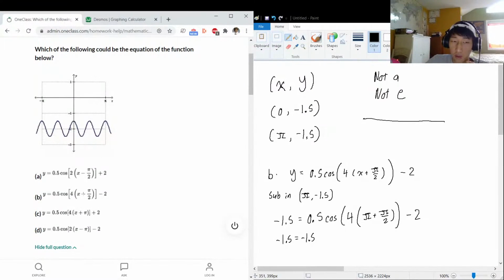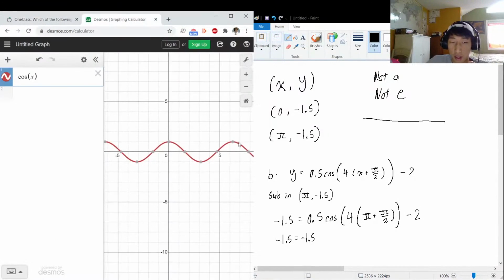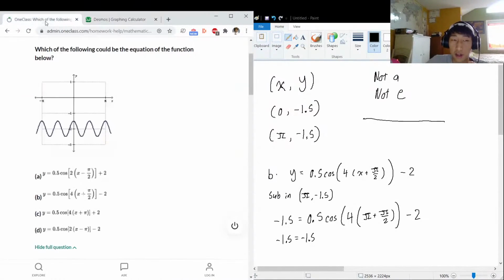Now, a thing to note is that typically one period of a cos, meaning it goes all the way down and all the way back up, is going to be 2 pi. But here, it goes up and down and up and down.